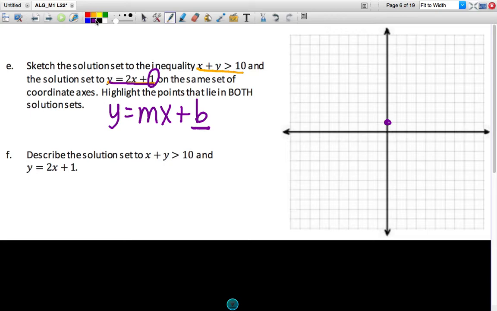And my slope is positive 2. So from this purple dot, I'm going to go up 2 and over 1. I'm going over 1, remember, because we always graph slope as a fraction. The top number tells us whether we're going up or down, and the bottom number tells us how many we're going to the right. And then from this dot, I keep going.